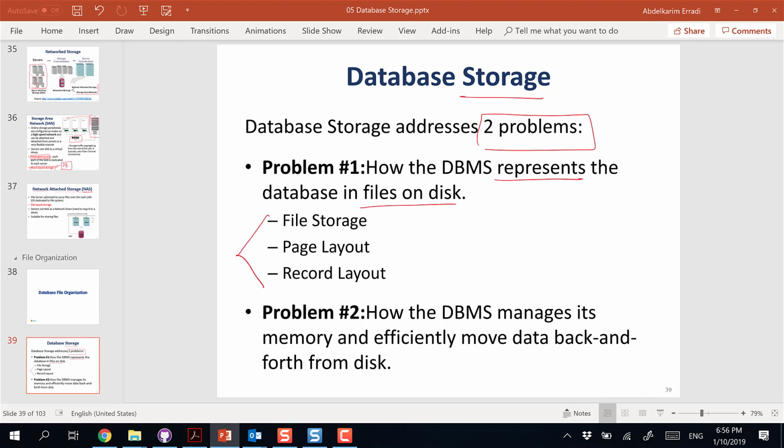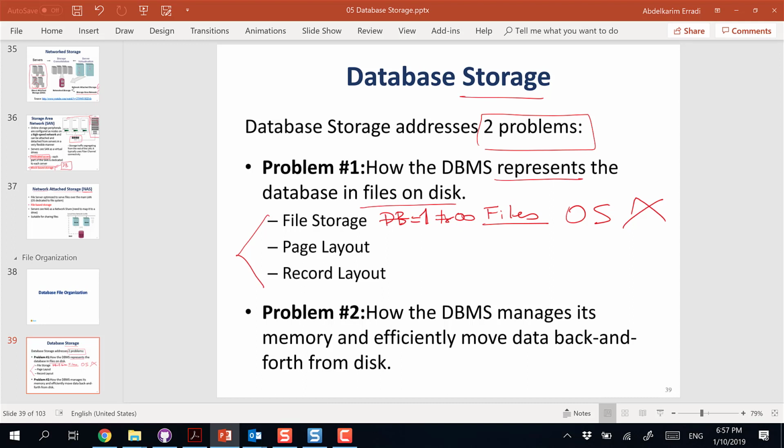The database is made up of one to many files. These files are a black box for the operating system. The operating system does not manage them, because the database has a lot more knowledge to manage these files in a much better way, and I will explain this as we move forward.